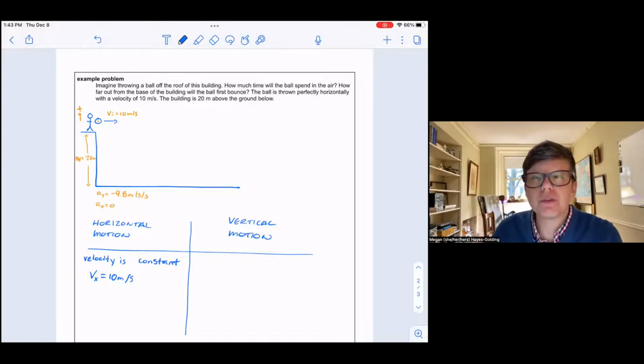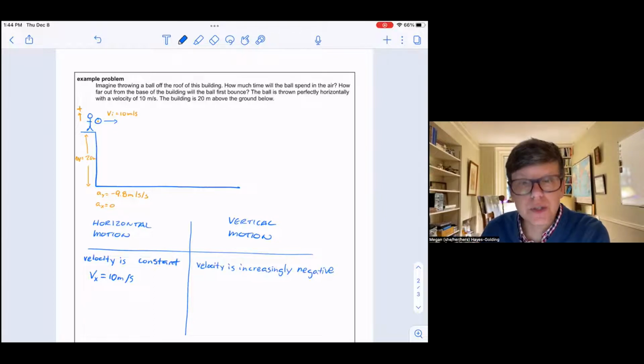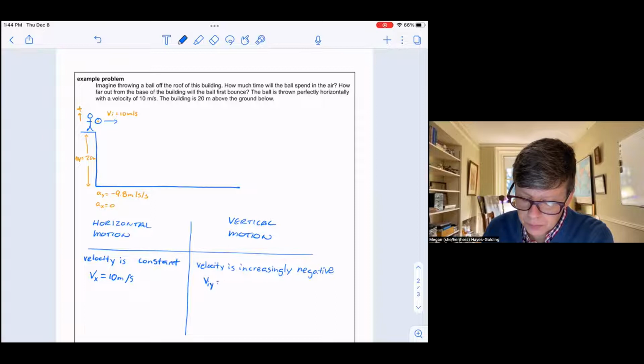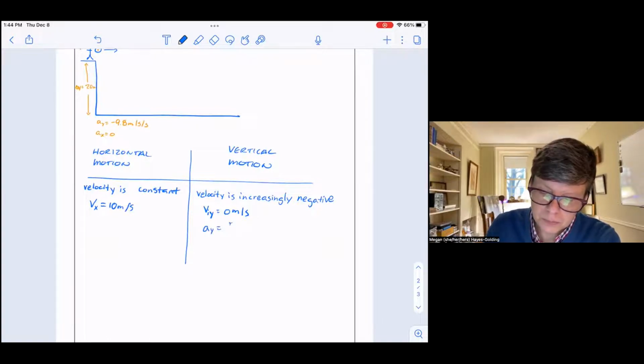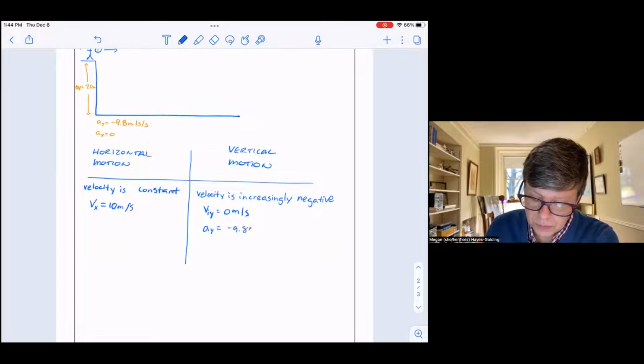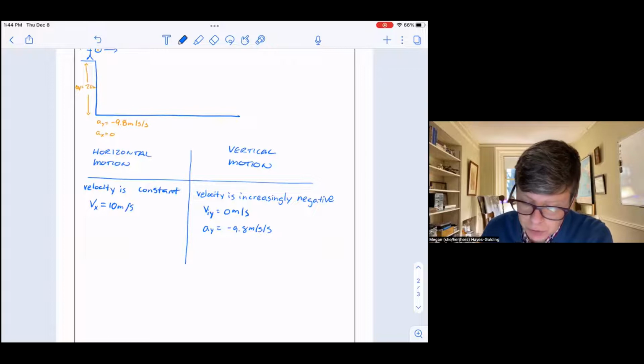In the vertical direction, the velocity is increasingly negative. The initial y velocity is 0. The acceleration in the y direction is known. And, oh, we also know how high up the ball is falling from.